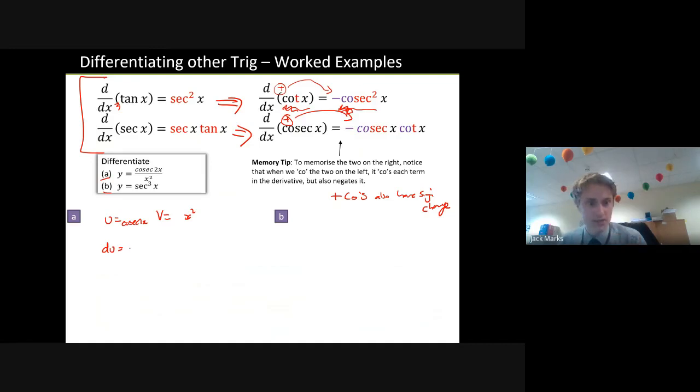So this is going to be cosec 2x, cot 2x. What else? Add the co's, there's a sign change. Anything else? Yes, there's actually a chain rule as well, because it's 2x. So all of du is minus 2 cosec 2x cot 2x.